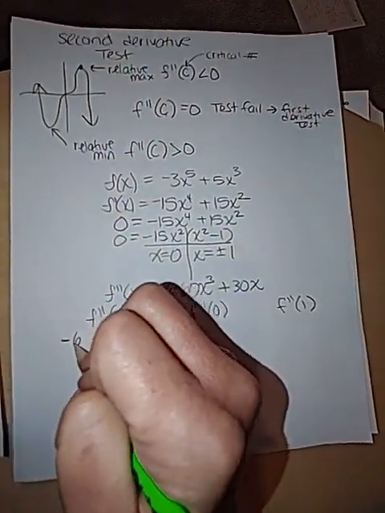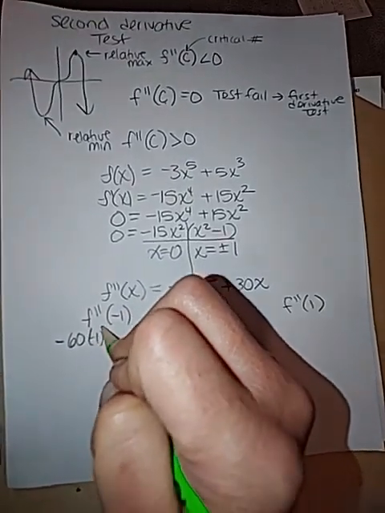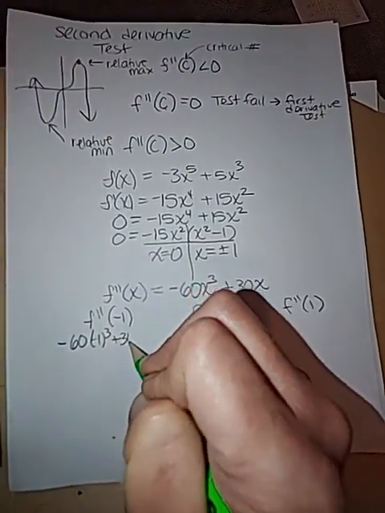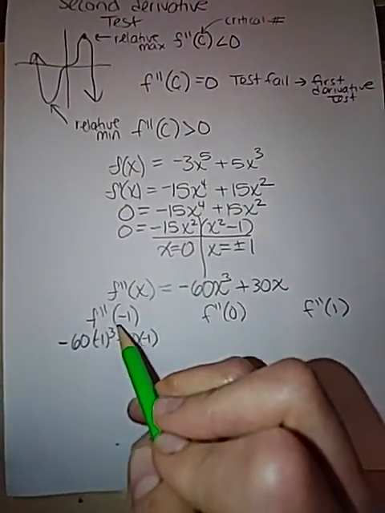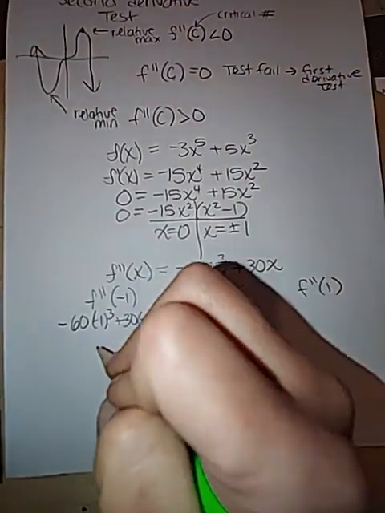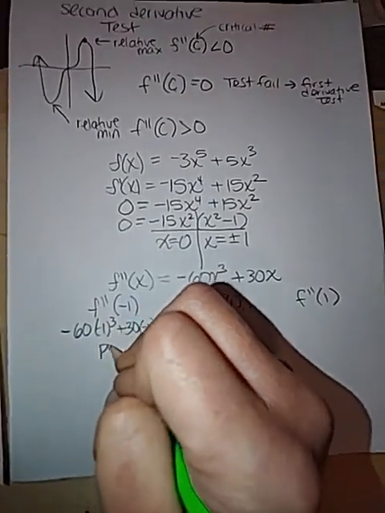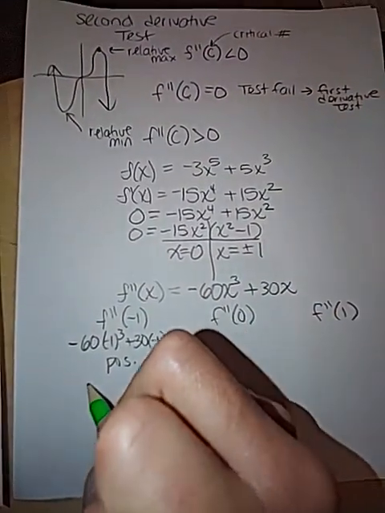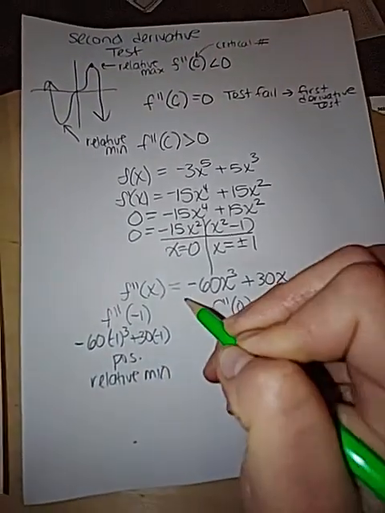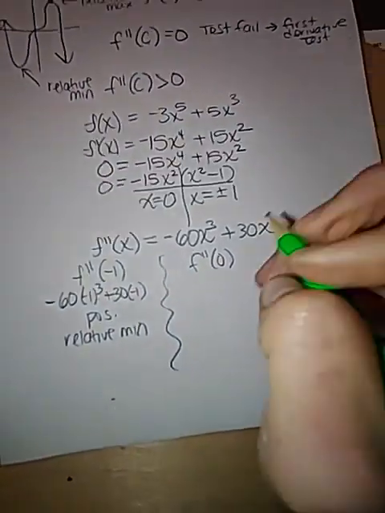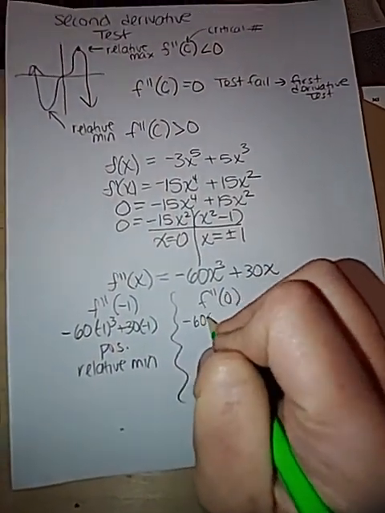All right, so negative 60 times negative 1 to the 3rd plus 30 times negative 1. All right, negative times negative is positive, so this whole thing is positive. So because I get a positive number, it's opposite of what you think. It's a relative minimum. Okay, next, plug in 0.